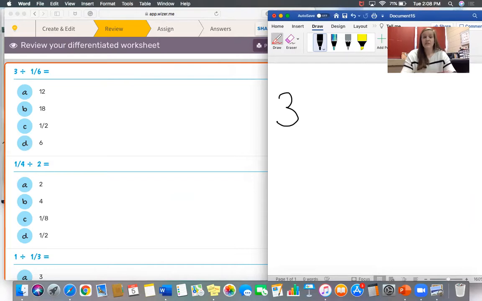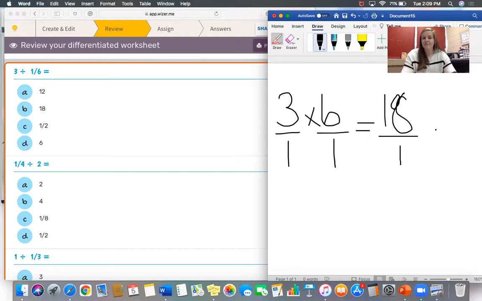You're going to flip the 1 over 6. So instead of 1 over 6, it's going to be 6 over 1. And you're going to change that division sign to a multiplication sign. And in order to multiply, you can put that 3 over 1. So we know that it's really just 3 times 6, or you can keep those ones on the bottom. It's up to you. So this would be 18. Ooh, that's the funny looking 18. 18 over 1, which we know is just 18.